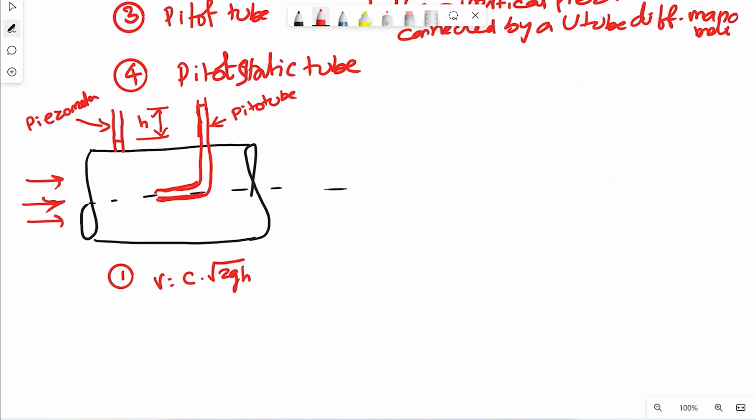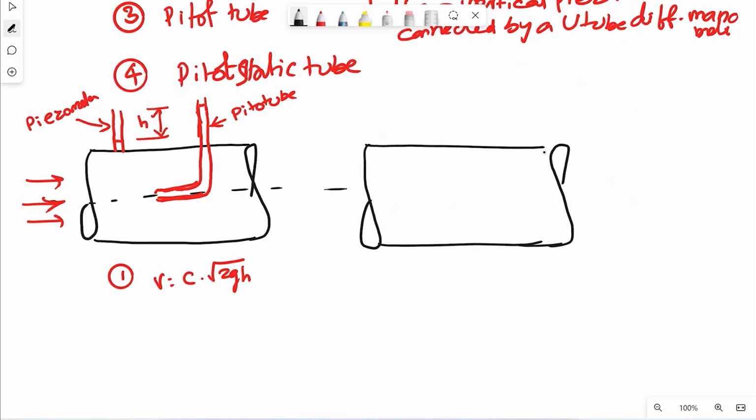The second one is a little modification: suppose the same pipeline, with the center line of the pipe here. The pitot tube is arranged here like this.